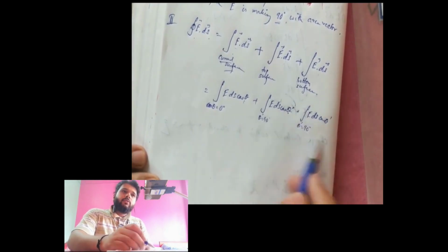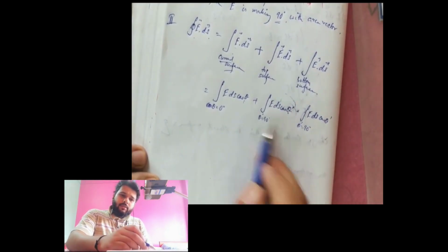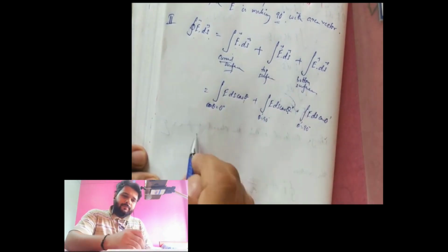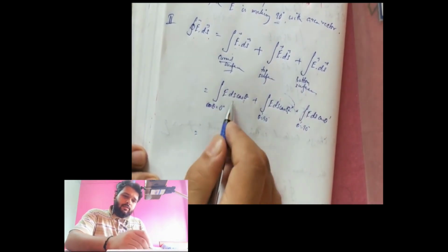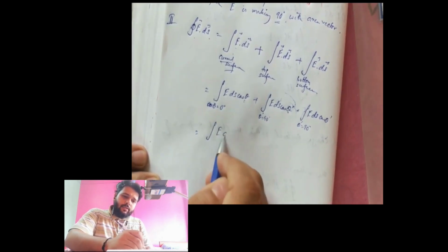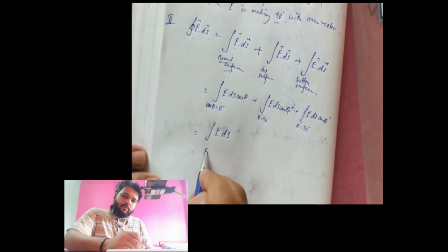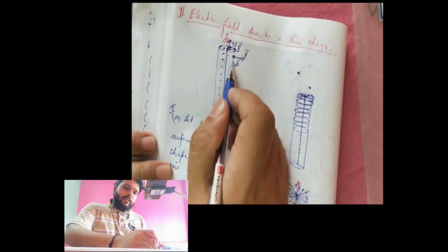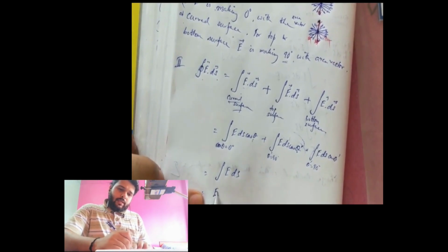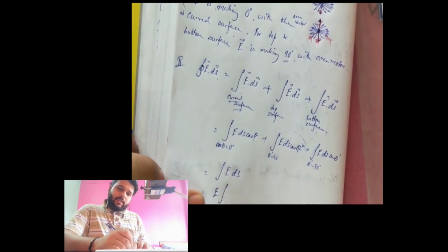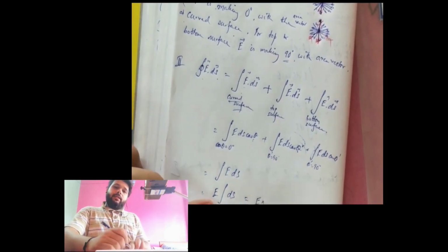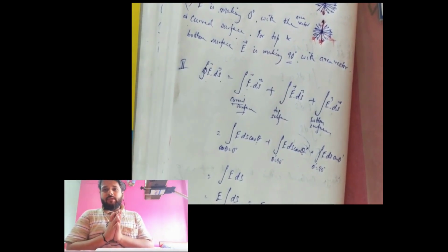We know cos 90 is 0, so these two will become 0. Cos 0 degree is 1, so we'll be left with E dS on the curved surface. Since E is constant everywhere, we'll take E outside the integration sign, and here it will be only dS. So we can write E into the integral of dS, and dS is the curved surface area. And what is the formula for curved surface area?